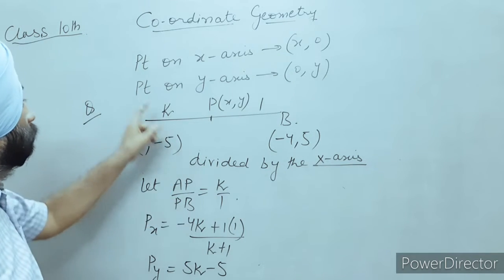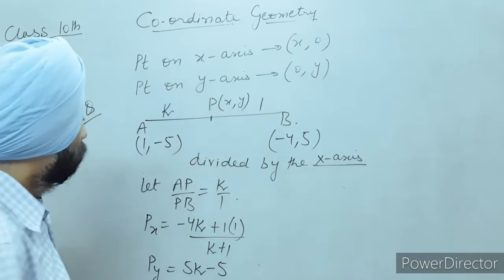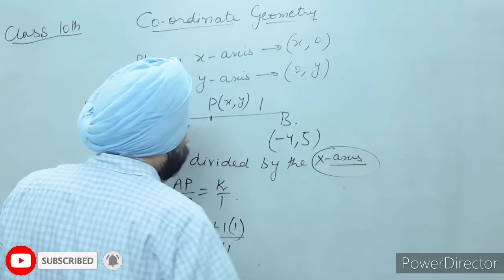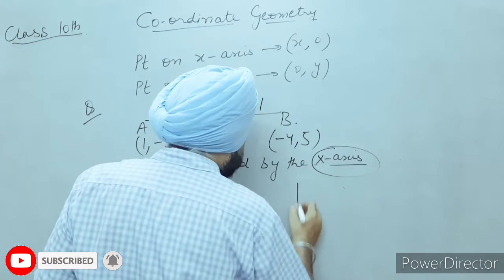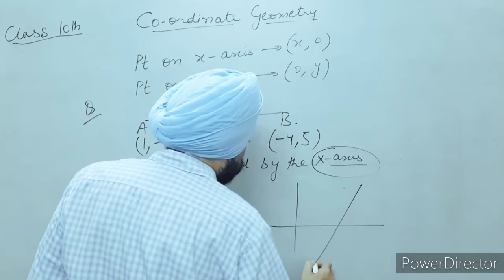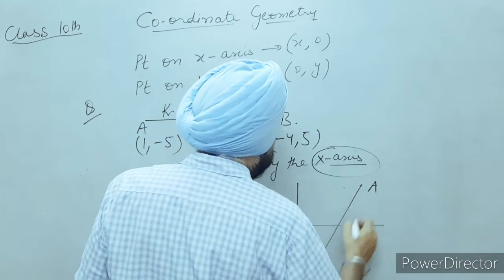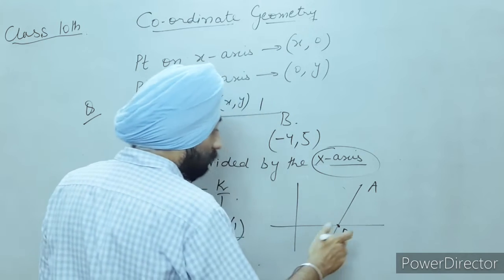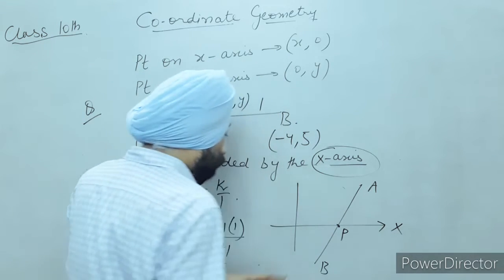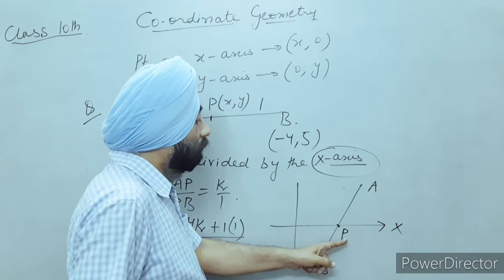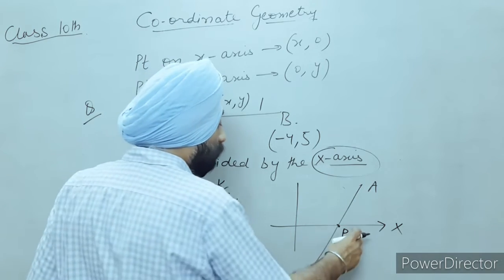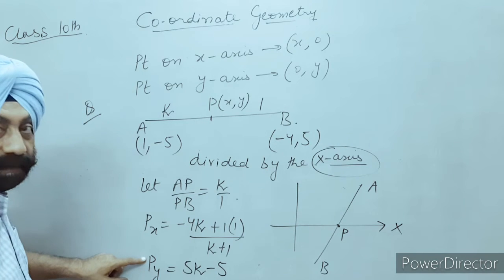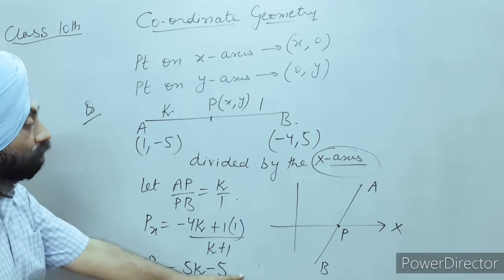Now the join of AB is divided by the x-axis. This is my A, this is B, and it is divided by the x-axis at this point. On the x-axis, the ordinate of point P will be equal to 0.